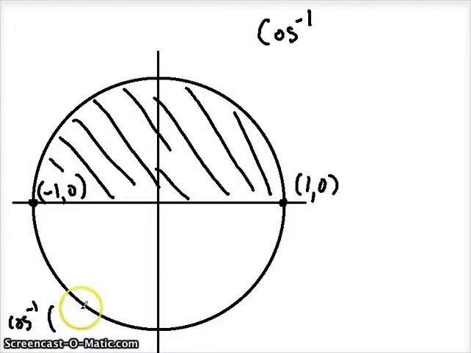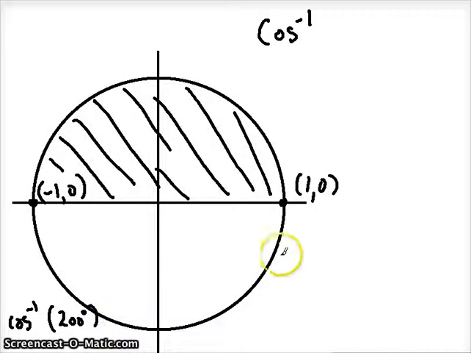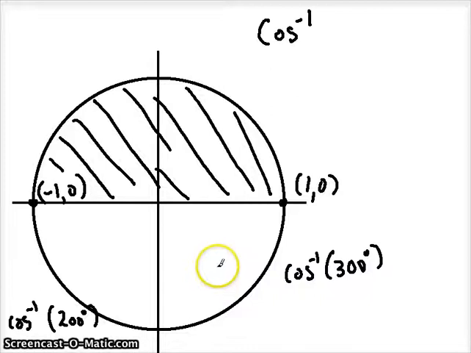So on your calculator, if you want to experiment, try and take the inverse cosine of 200 degrees and it will say undefined. Similarly, if you tried the inverse cosine of 300 degrees, which would be in quadrant 4 here, it would also not allow you to do that. So these are the only possibilities. From 0, either degrees or radians, over to 180 degrees or 1π radians.